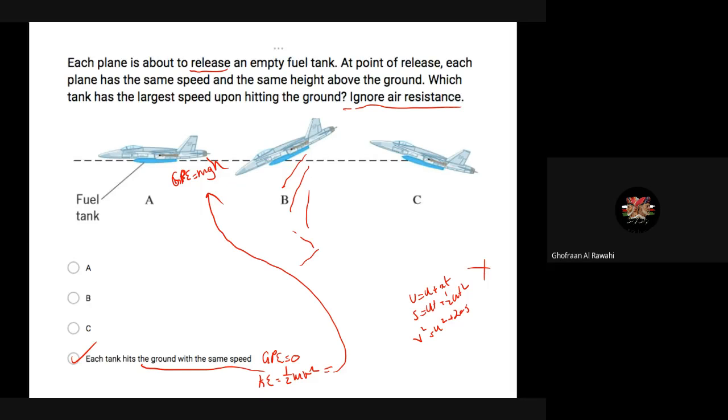If we have air resistance, it will slow down. Okay, but we're still ignoring air resistance. But the thing is now rotating. Does it affect the conversion of gravitational potential energy to kinetic energy? No. No, okay. Does anyone disagree with the no?